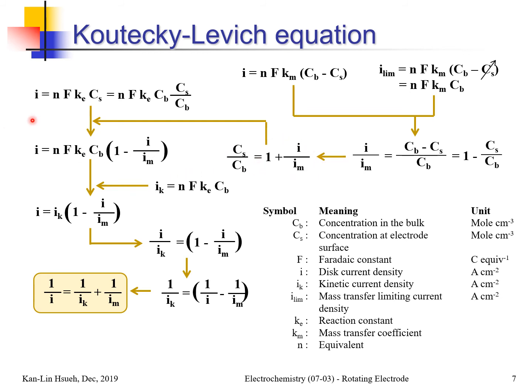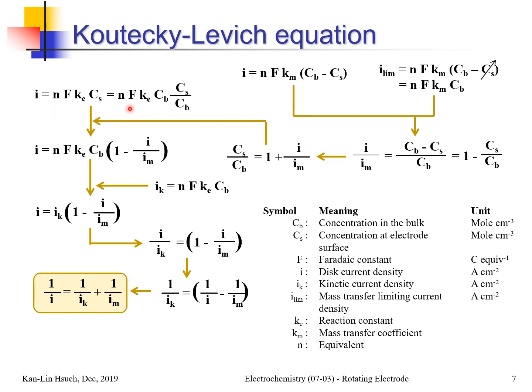And then the current is equal to the diffusion rate, and also equal to the kinetic controlled rate: the kinetic rate constant times the surface concentration. If I divide this equation by C_B and multiply by C_B, they cancel each other.